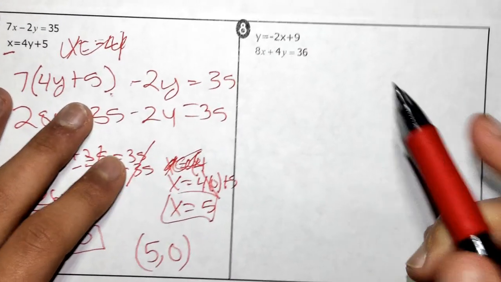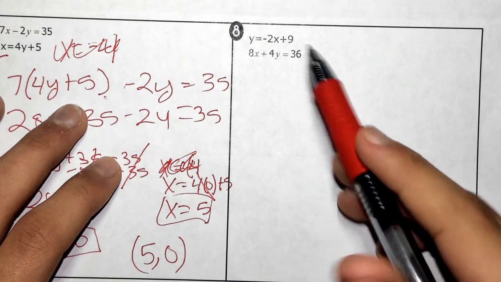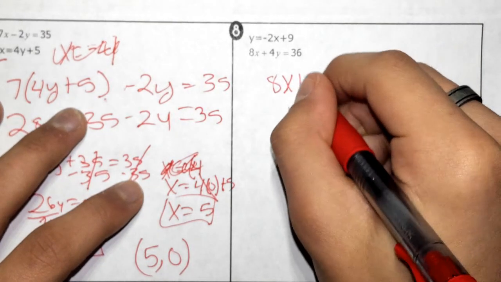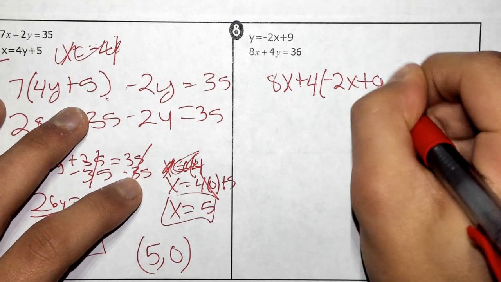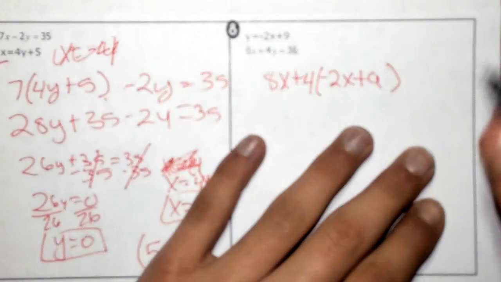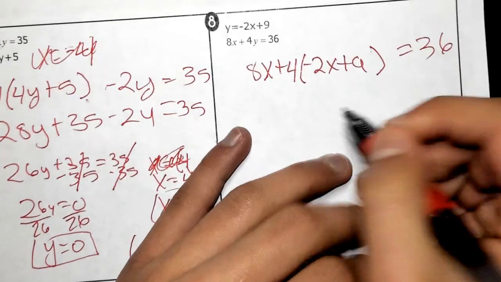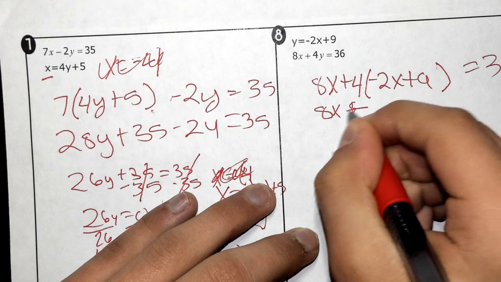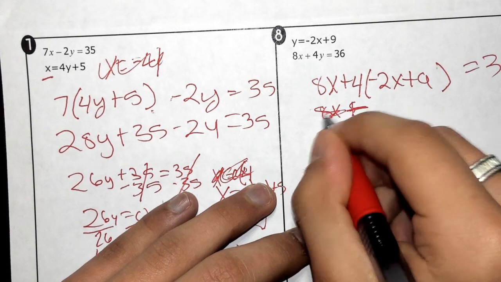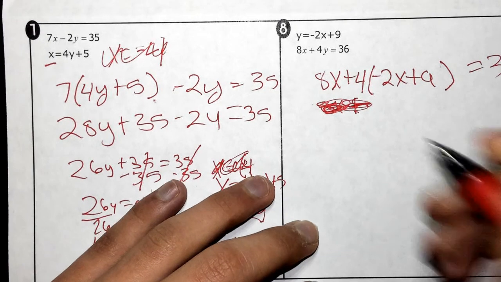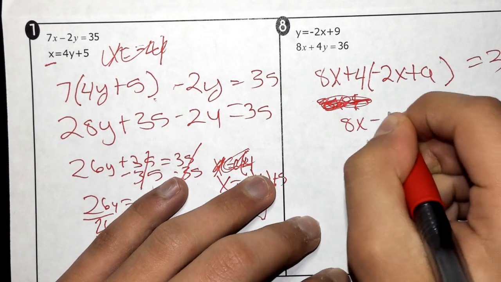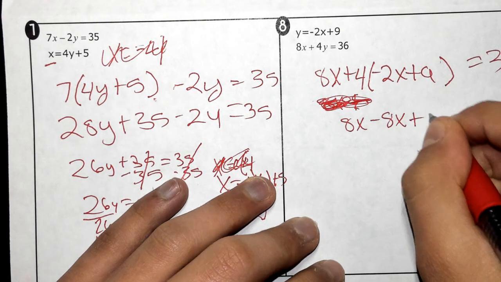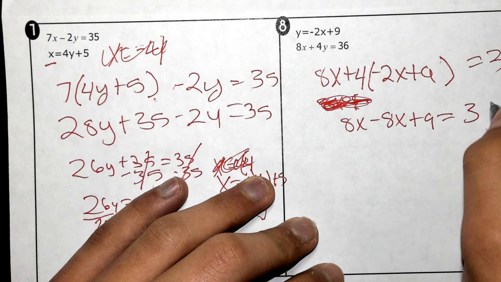Okay. Now, here we go. So that's 8x plus 4 minus 2x plus 9 equals 36. 8x minus 8x plus 9 equals 36.